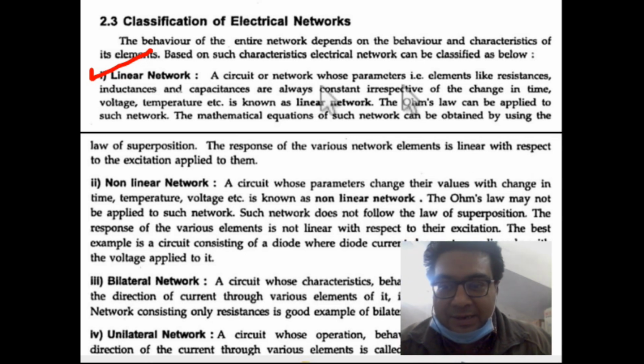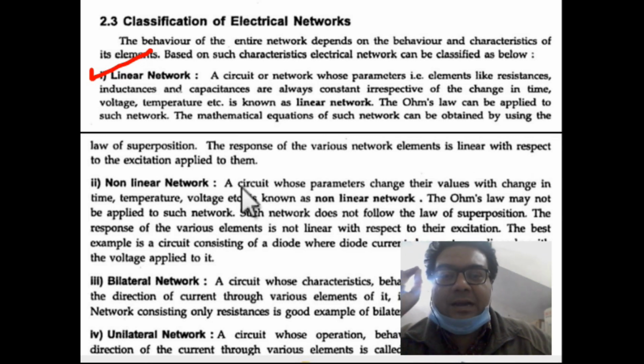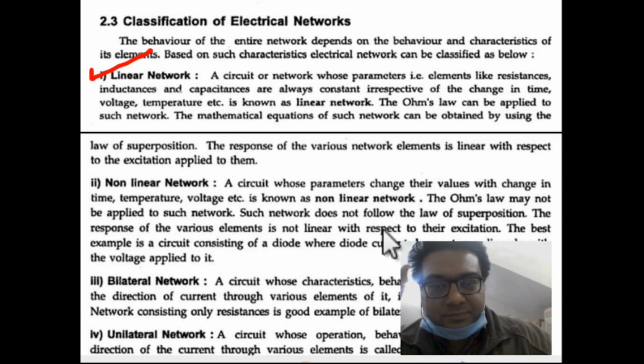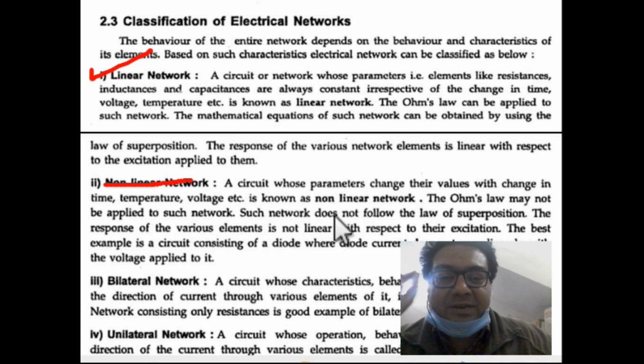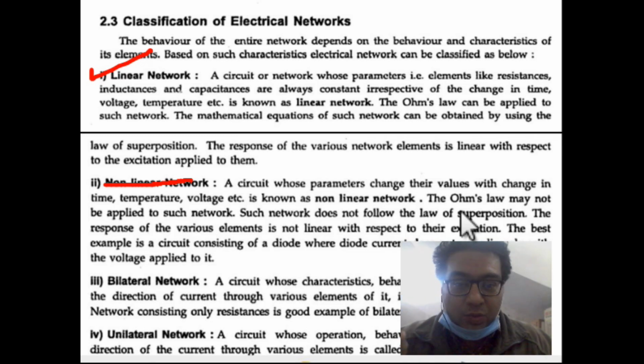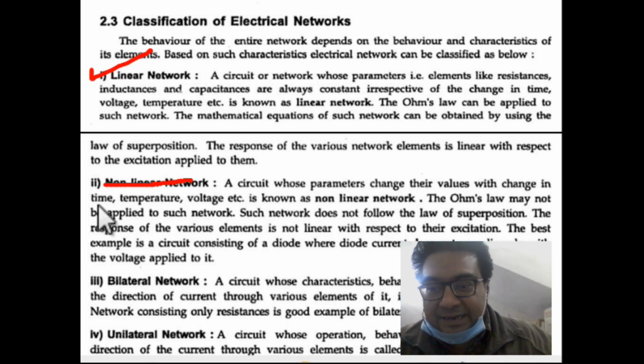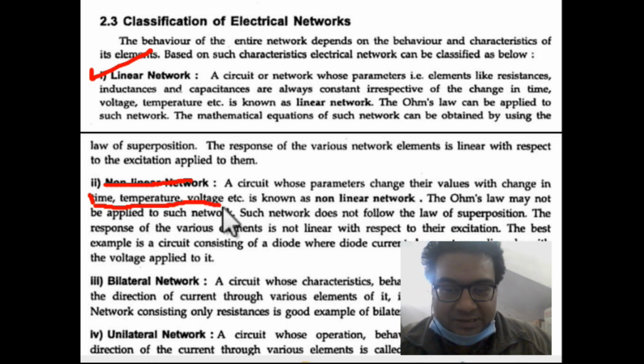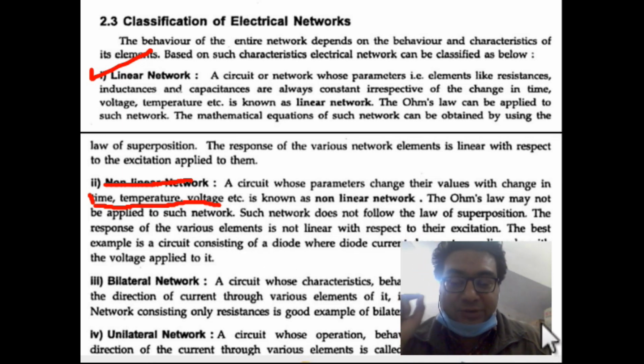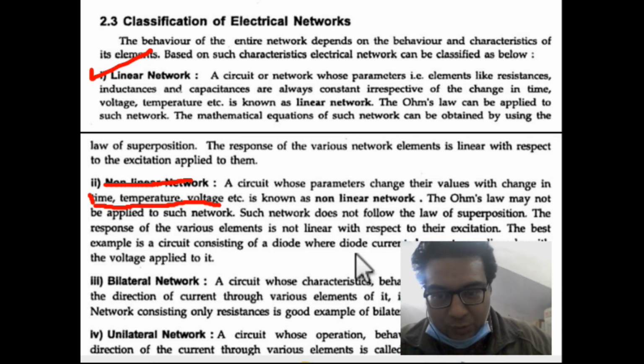You can see over here in the second slide I will give the examples. Okay, so see the second definition: non-linear network, a circuit whose parameters change their values with change in time, temperature, voltage, etc. is known as a non-linear network, and Ohm's law may not be applied to such networks.